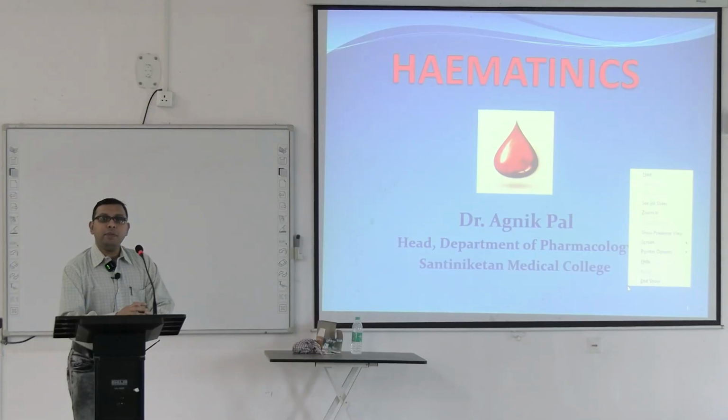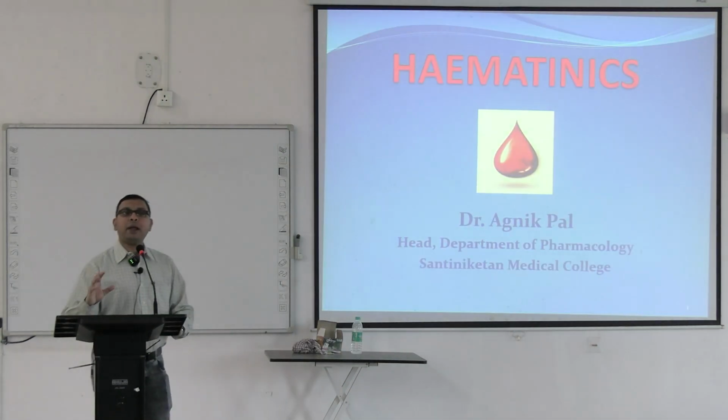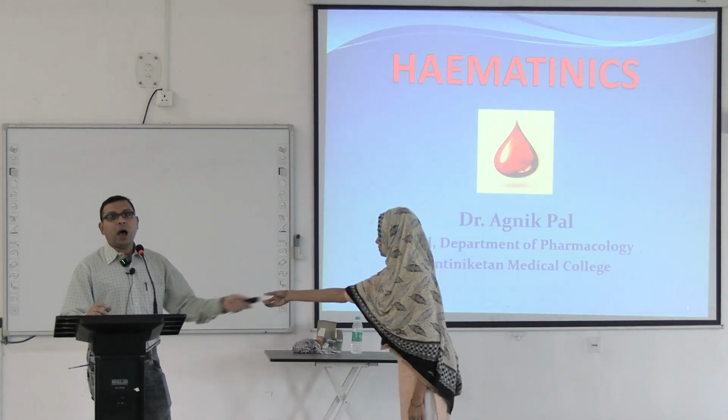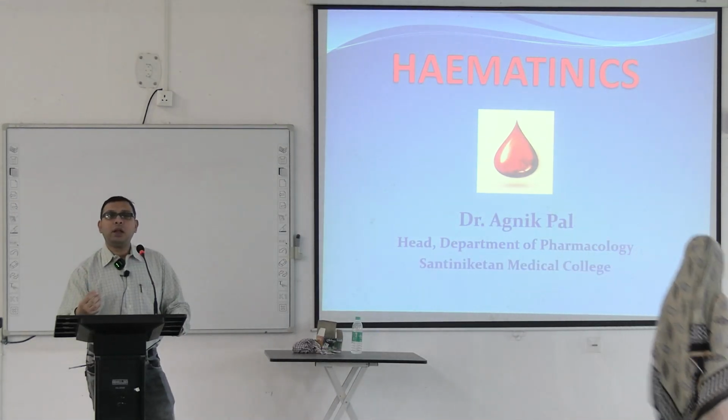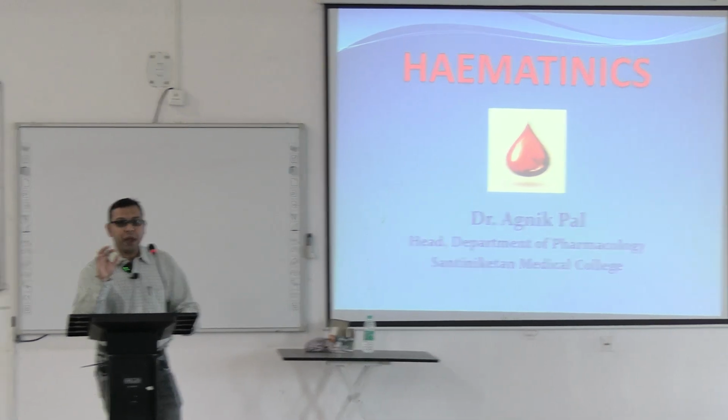Iron deficiency anemia, what does it mean? It means iron is deficient in our body. Iron is one of the most important elements in our body, and for this, iron has to be taken from different foods and absorbed. In nature, iron usually occurs in two forms, ferric and ferrous.